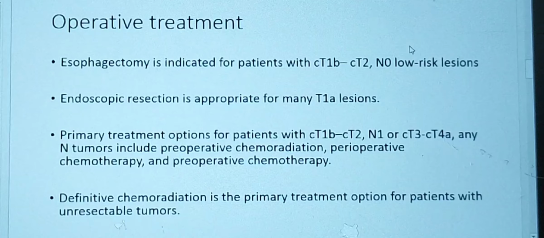Low risk lesions mean the dysplasia is of low grade. Most esophageal carcinoma patients are diagnosed at a late stage, so we rarely meet these T1a lesions that we could proceed with endoscopic resection. Otherwise, for the unresectable tumors, we give the option of definitive chemoradiation.